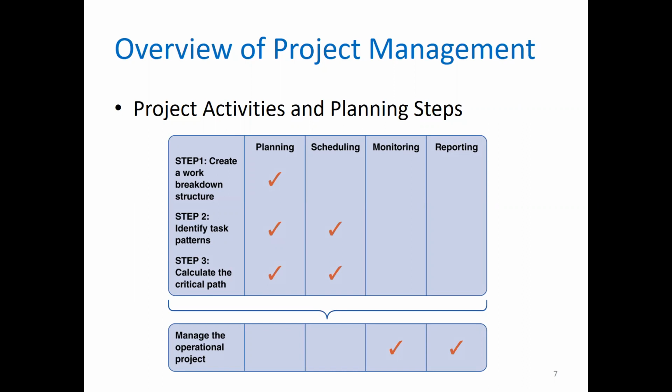The critical path is the important path that the project needs to take in order to ensure that the project completes on time without jeopardizing the resources and the finances. This takes place in the planning and scheduling phases. And finally, manage the operational project. The managing portion takes place in the monitoring and reporting phase. This is just a general overview. The breakdown of it will take place in the next few slides.